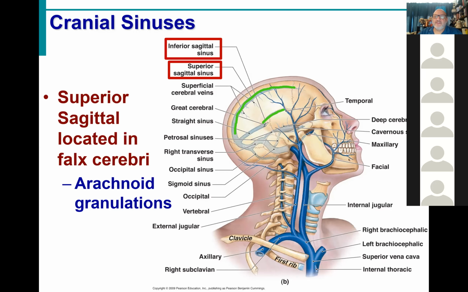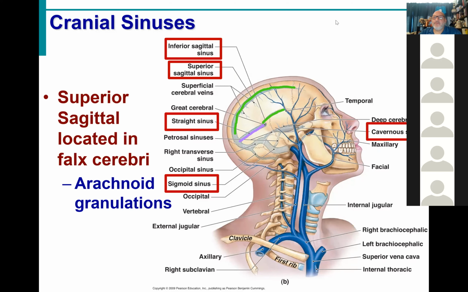So you will notice there is an additional shortish but very straight sinus that carries the blood to the posterior part of the cranial cavity. And what do you think we call that short, straight sinus? The straight sinus. Straight sinus, absolutely.